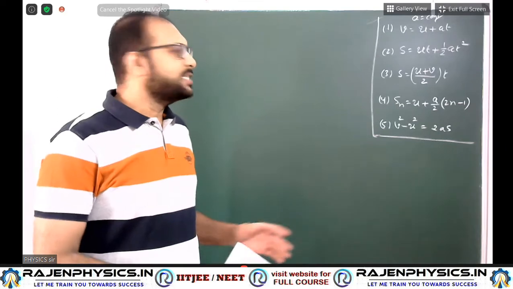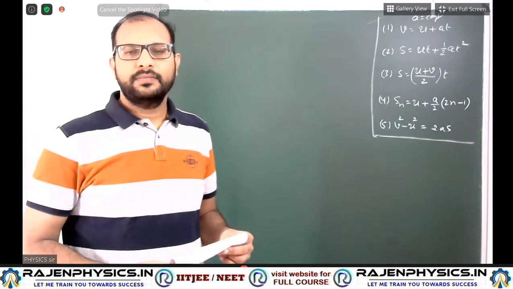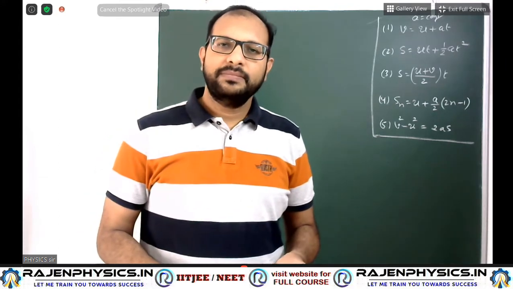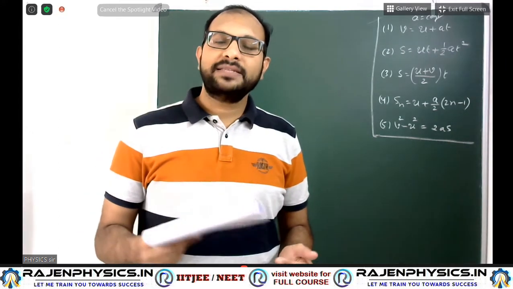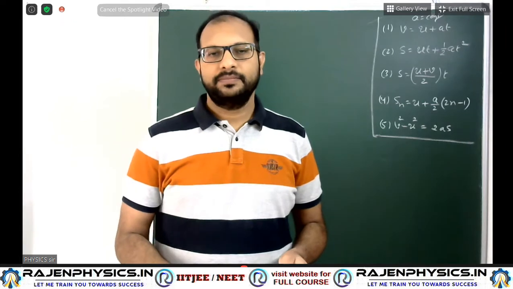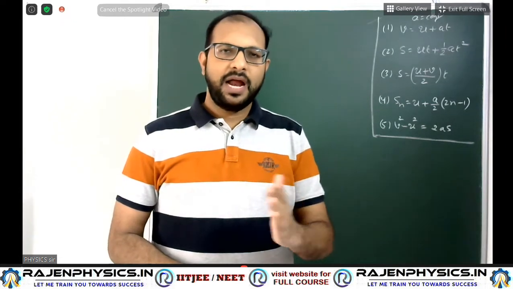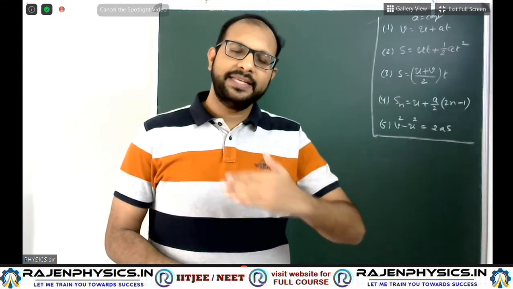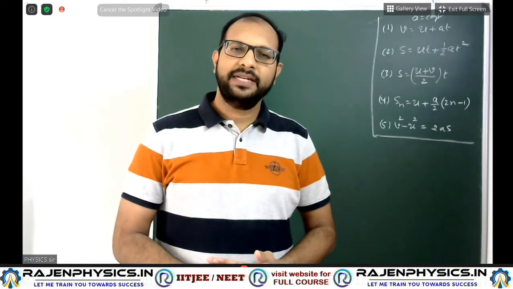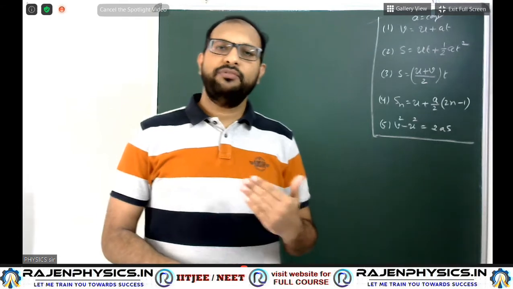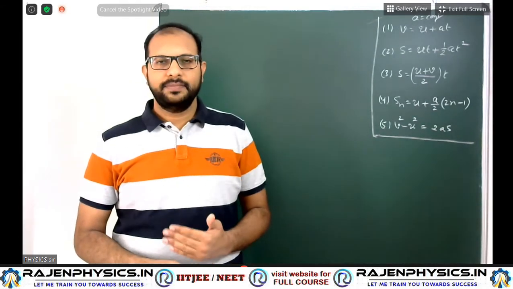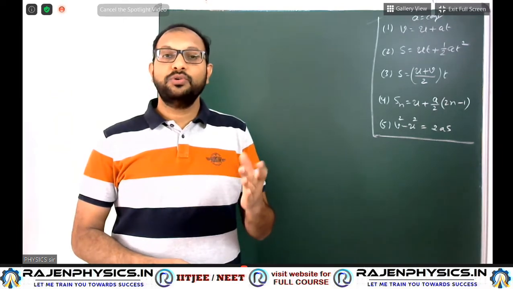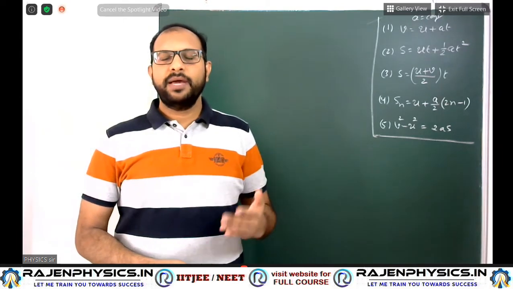By using these five formulae, you can solve one dimensional kinematics problems in uniform accelerated motion. Suppose acceleration changes, that is another method, which I will explain again. But now, for uniform accelerated motion, these five equations are already derived, but how to utilize them? One by one I will explain.